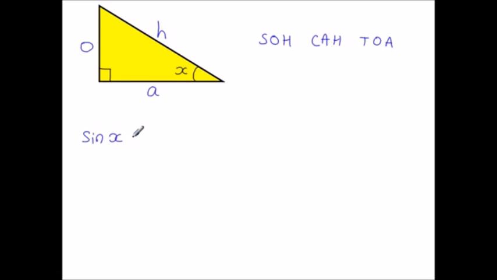So sine x is equal to the opposite divided by the hypotenuse. So this side here divided by this side here. Cos x, the cosine of x, is equal to adjacent divided by hypotenuse.